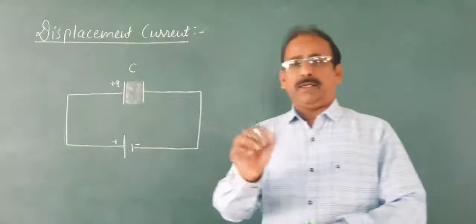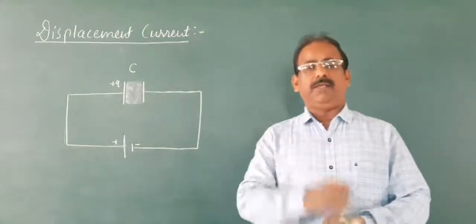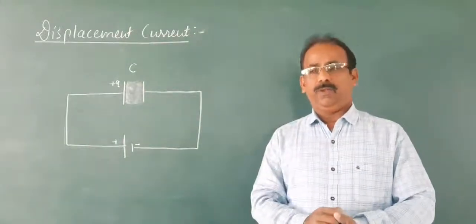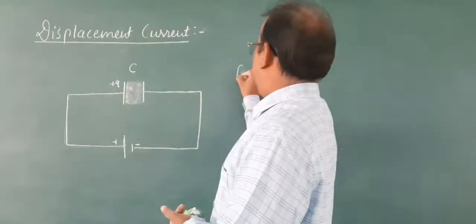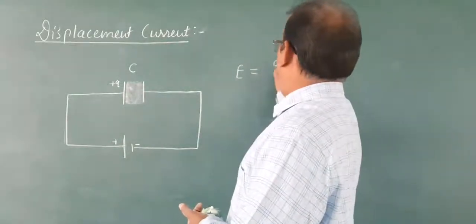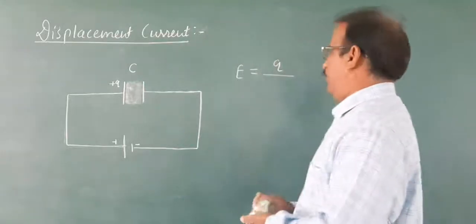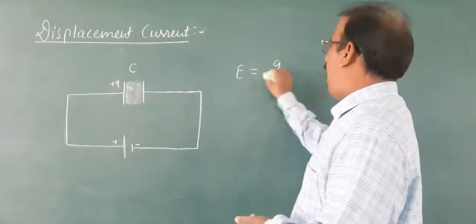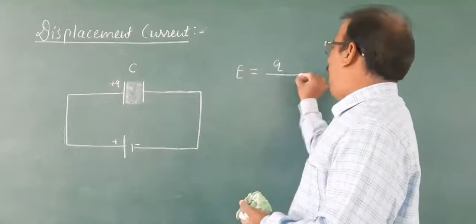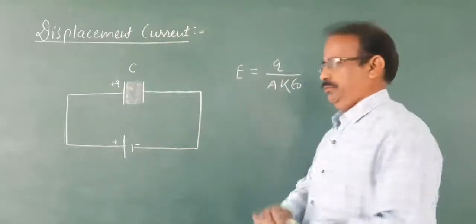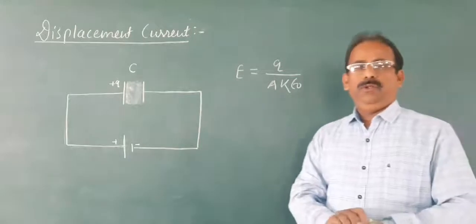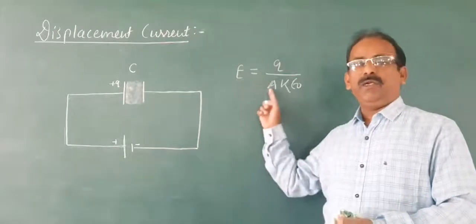What is the mathematical expression for this displacement current? The electric field in dielectric medium is given by Q upon A K epsilon 0.